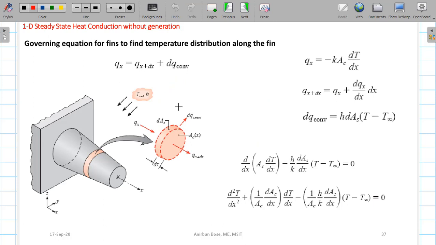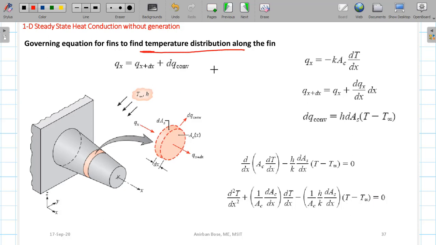Now let us find out the governing equation for the fin. Remember, our basic governing equation is nothing but the conservation of energy, and we are going to use Fourier's law of heat conduction, that's all. So the governing equation of the fins is to find the temperature distribution along the fin.